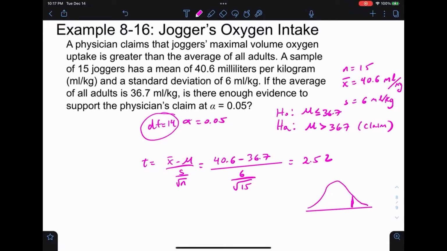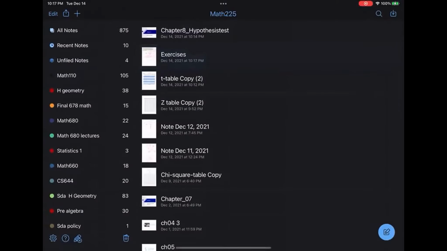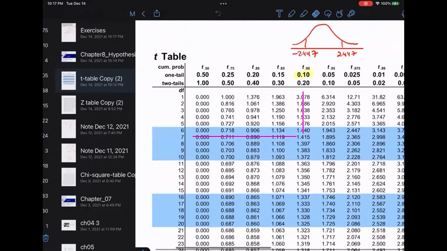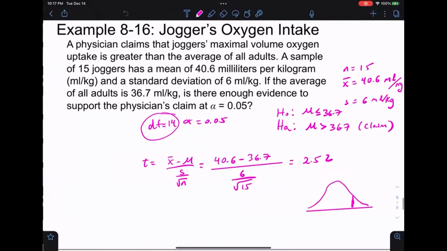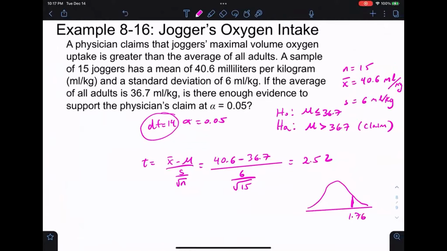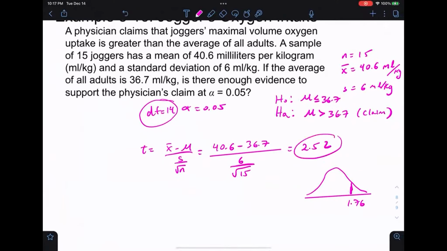So let's look for that t-value, 14 and 0.05, one tail. It's 1.76, that's the right-tail value. And my t-value is 2.52, so that's in the rejection region. Therefore I can say reject the null. That's my conclusion.